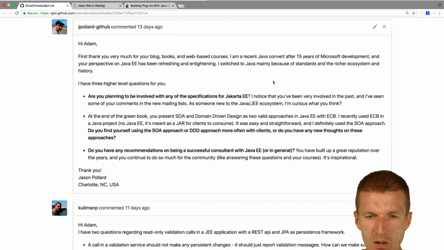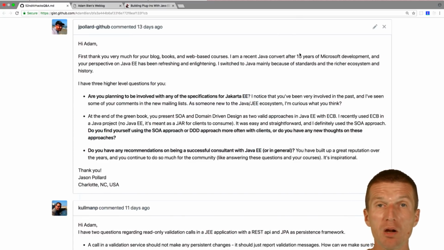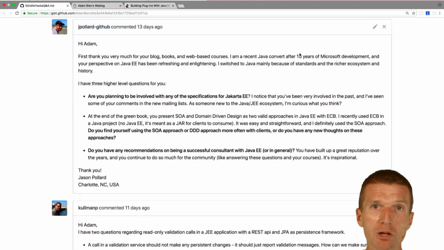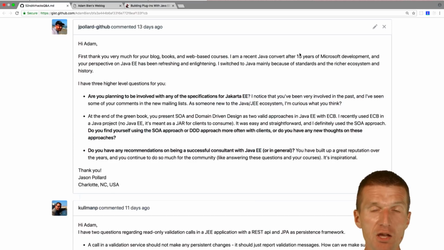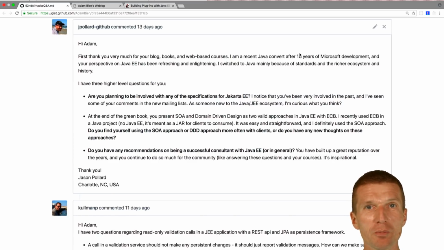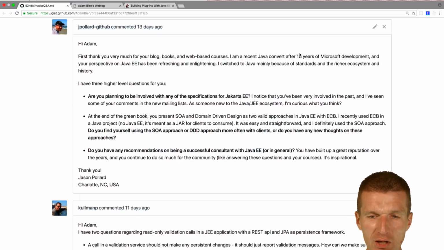And he recently converted from Microsoft to Java, which is remarkable because Microsoft right now is great. I mean, they have lots of open source tools. They have even hired Java evangelists from Oracle. They have Java in Azure Cloud. And they bought GitHub, which is a little bit controversial, but at least they have interest in developers again.